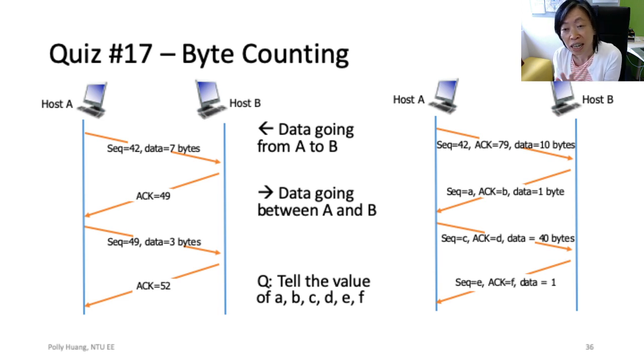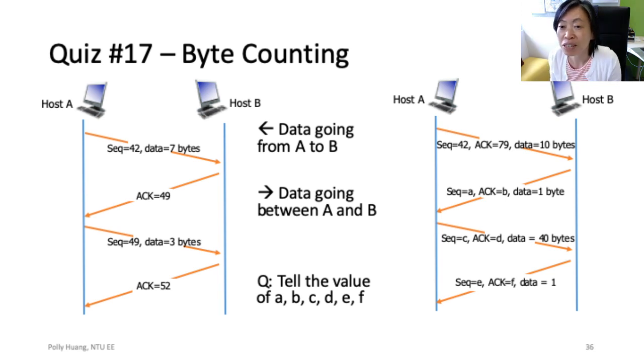Again, a pair of hosts A and B. What we know is that in TCP, data can go both directions, so it's not as straightforward as the scenario on the left, where data only goes from A to B. Now, host A and host B on the right can send data both ways.